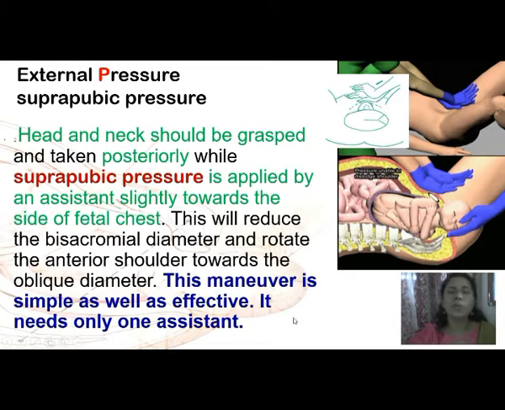Only one assistant is needed: one can hold the head and one person can give the suprapubic pressure. First we explained the McRoberts maneuver; second is the suprapubic pressure, external pressure.